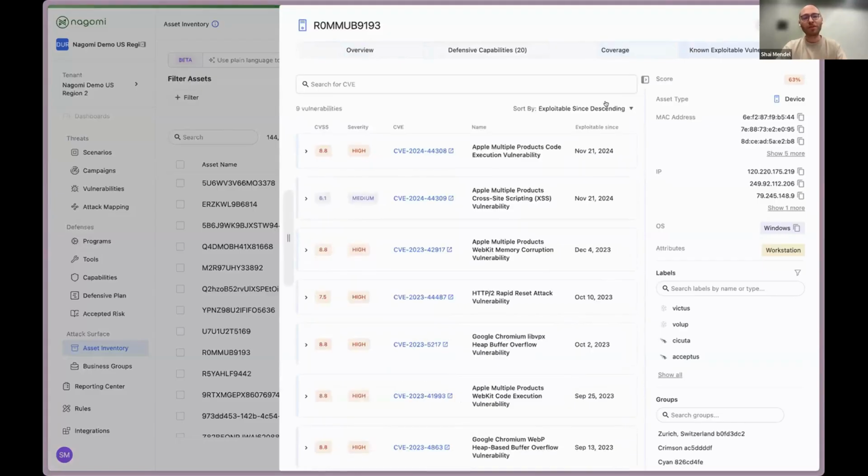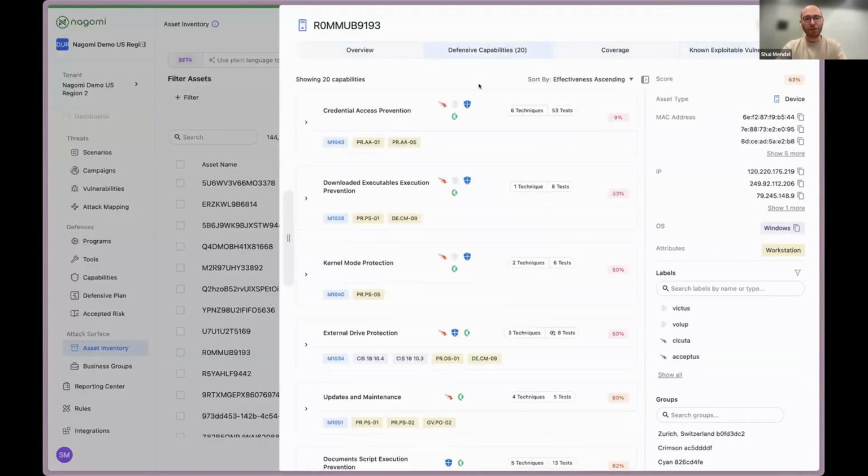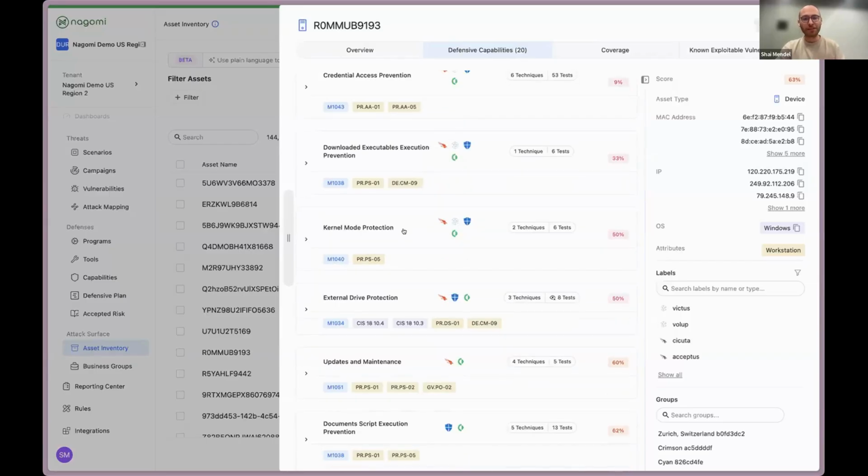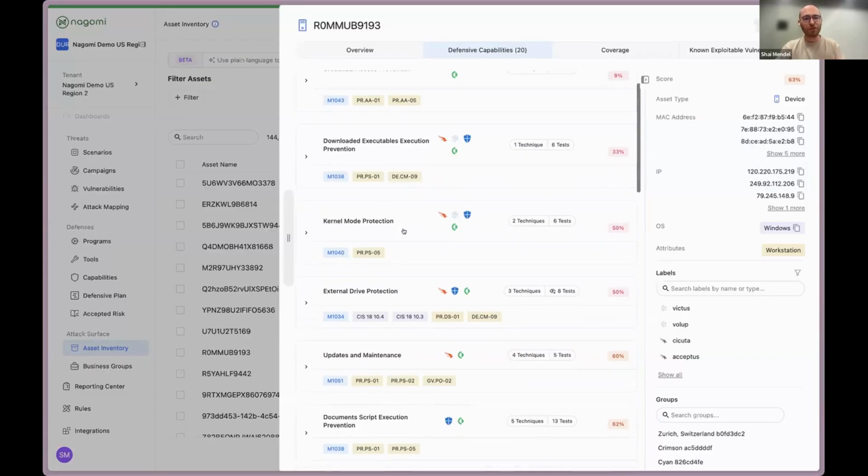Second is to understand which vulnerabilities, and which of them are exploitable, exist on each asset. And of course, the defensive capabilities. This is Nagomi's secret sauce that is the glue between the rest of the exposures, which is how effective your existing capabilities are on each asset. We actually create an automatic way to assess the effectiveness of controls.